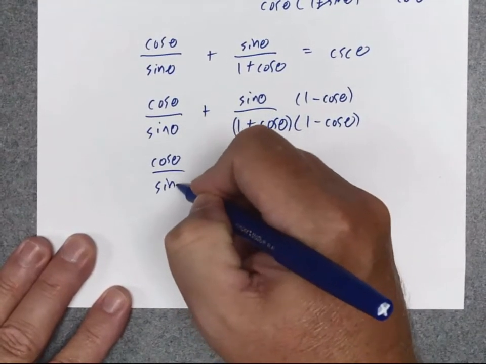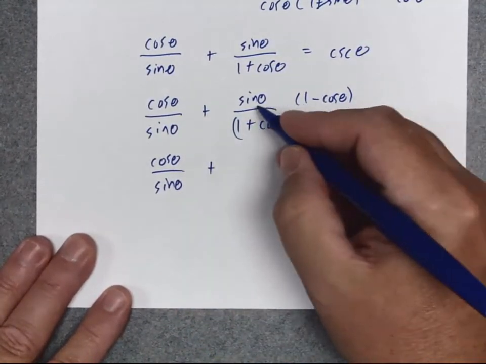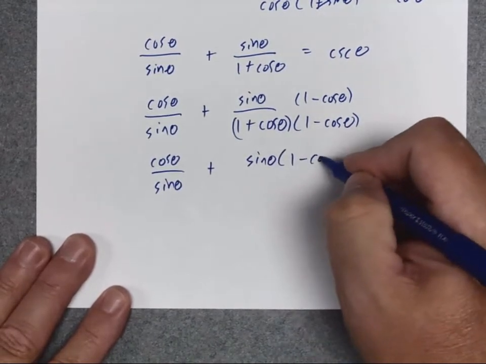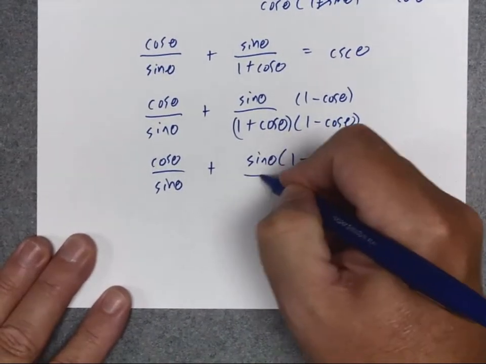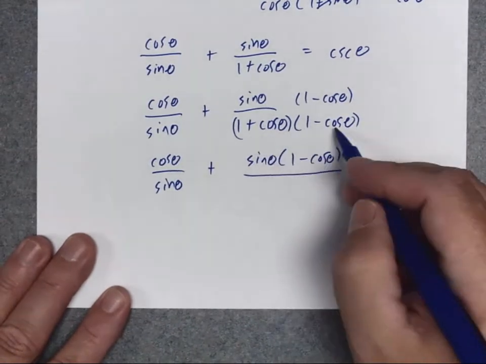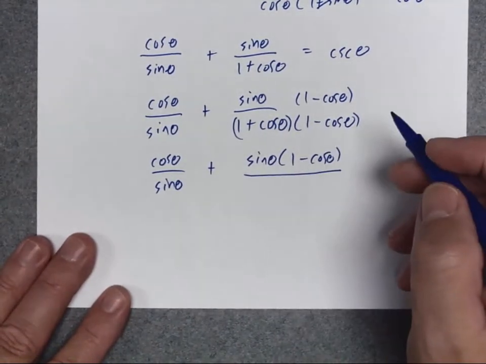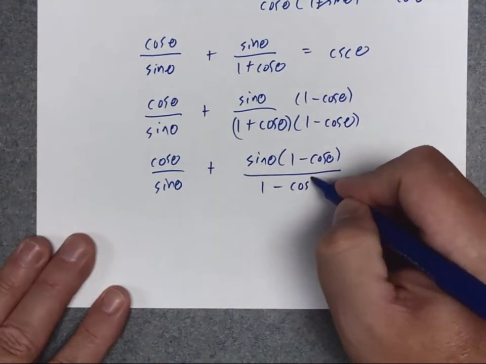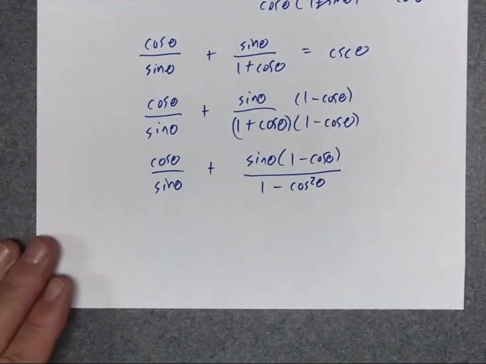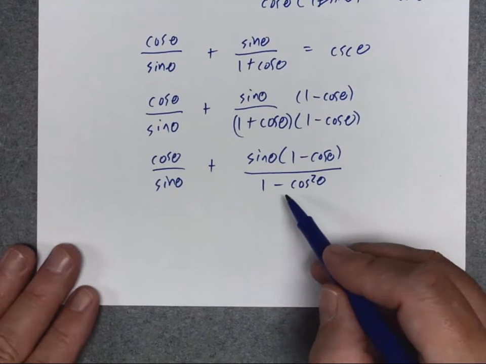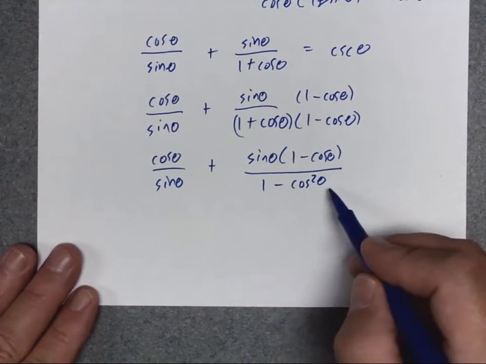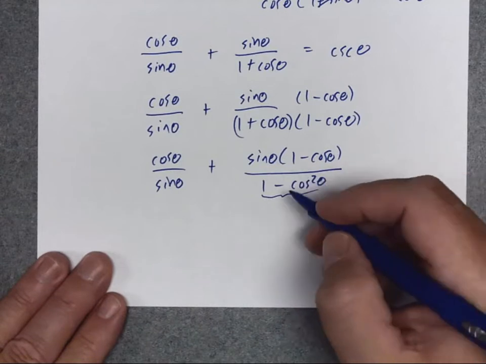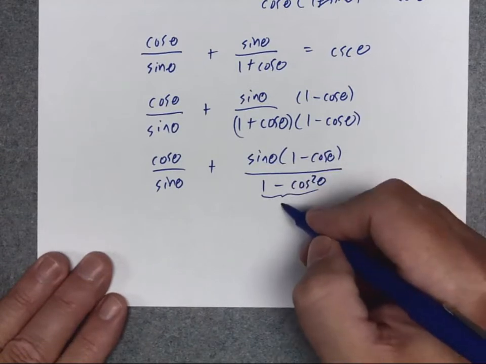I'm just going to leave the numerator like this. If you FOIL these out and multiply these out, you know what you end up with? 1 minus cosine squared. Now this, you need to get to the point where right away when you see this, you say to yourself, that equals sine squared of theta.